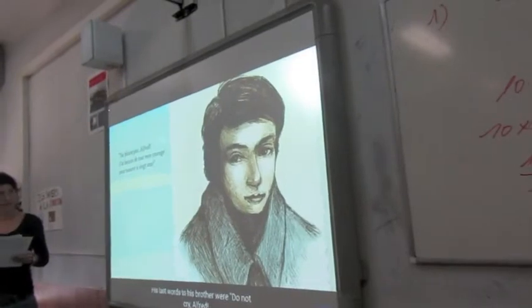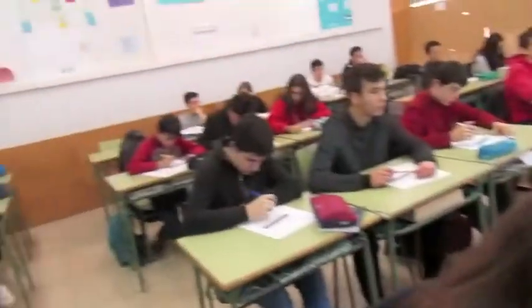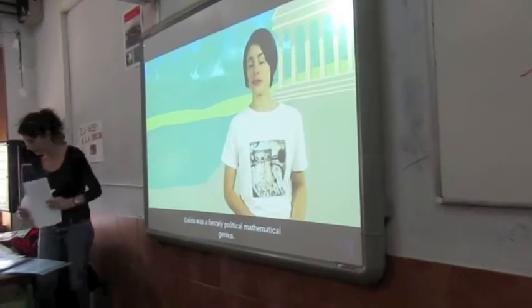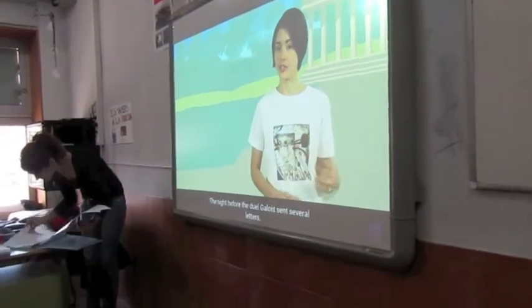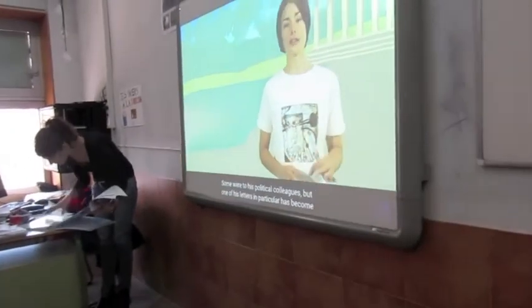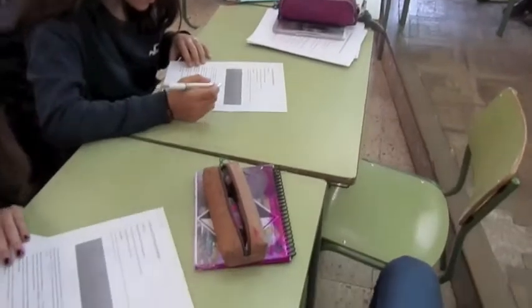Rather were, do not cry, Alfred. I need all my courage to die at 20. His name was Évariste Galois. Galois was a fiercely political mathematical genius. The night before the duel, Galois sent several letters. Some were to his political colleagues, but one of his letters, in particular, has become famous amongst mathematicians.